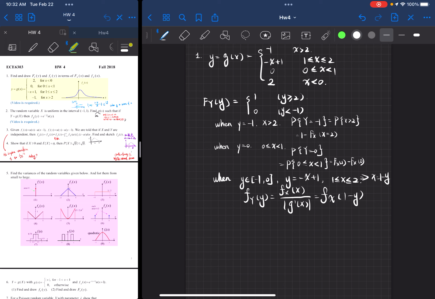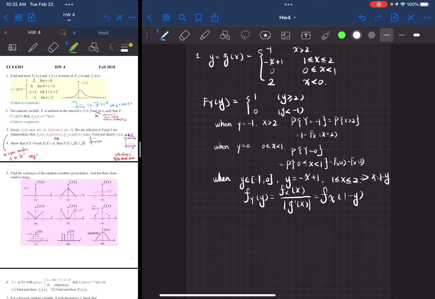And here we have derived all cases of y with respect to this density function: y smaller than negative 1, y equals negative 1, y from negative 1 to 0, y equals 0, and y greater than 2.